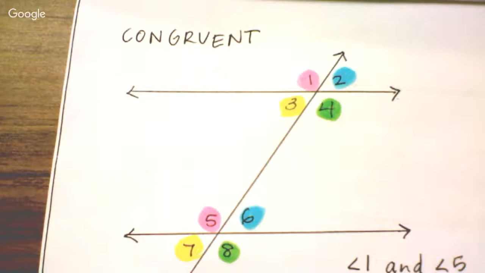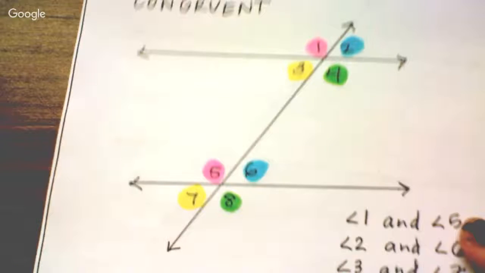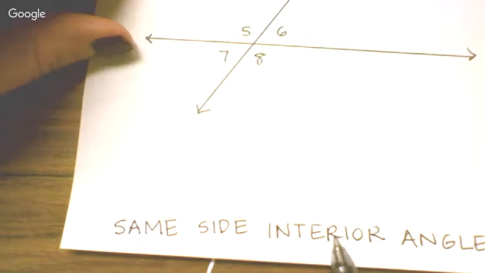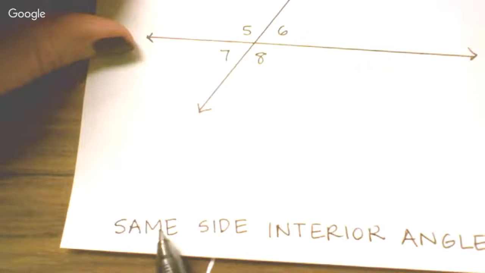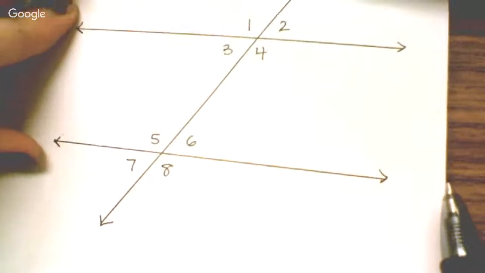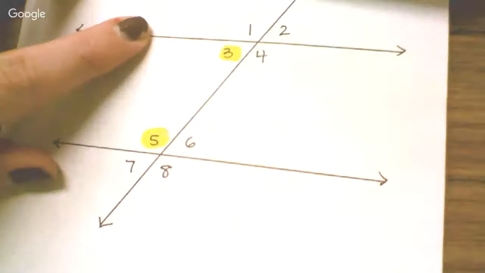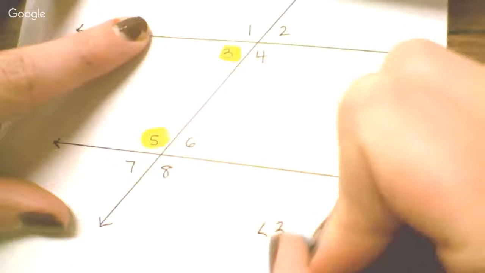All right, the last kind we're going to talk about today is same side interior angles. So again, interior on the inside of the parallel lines, but now I'm talking about on the same side. So this would be angle 3 and angle 5. They're the same side of the transversal.